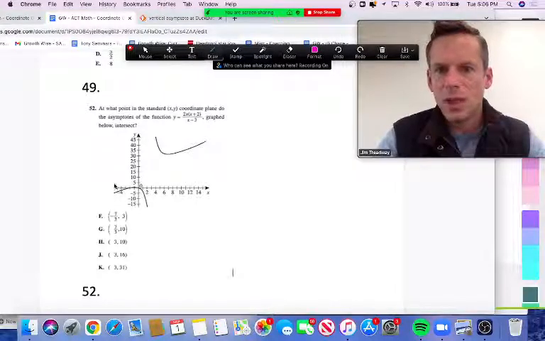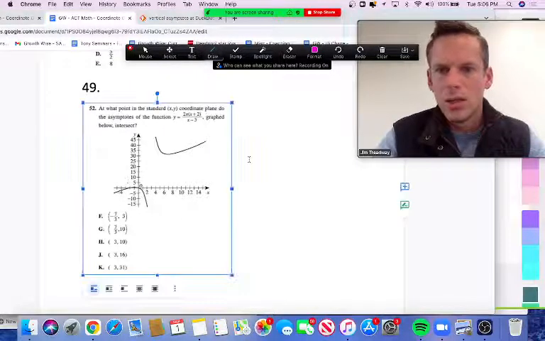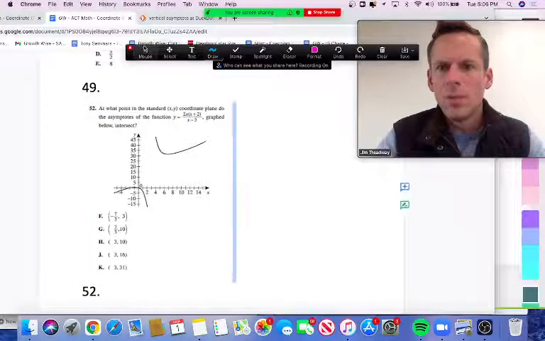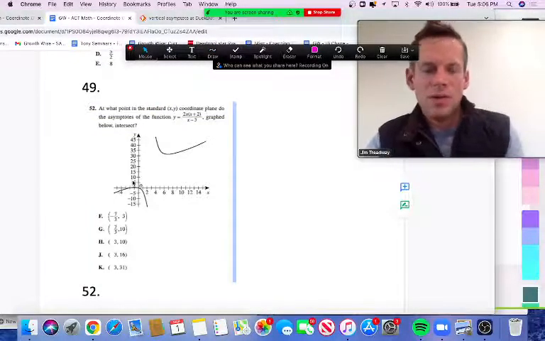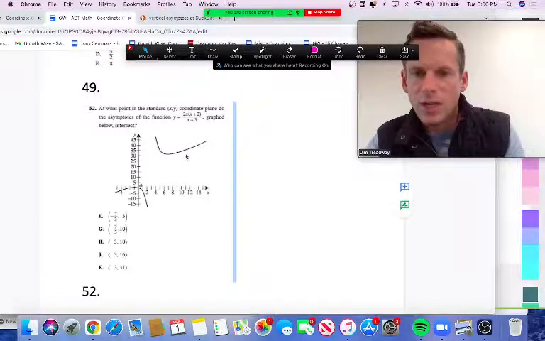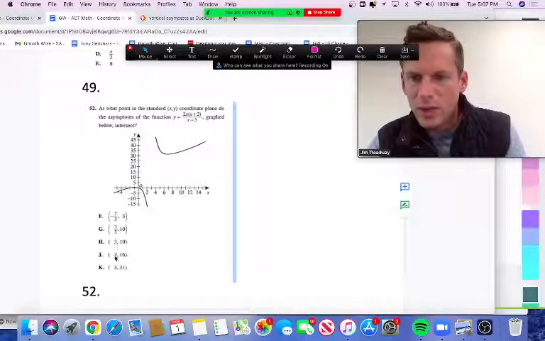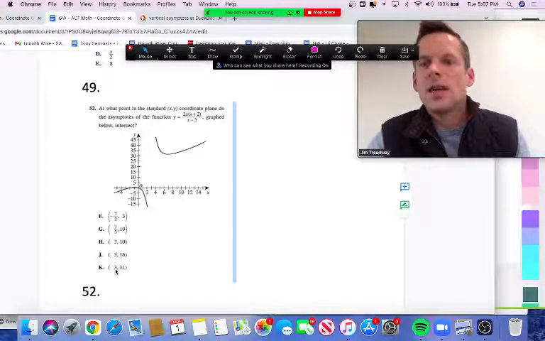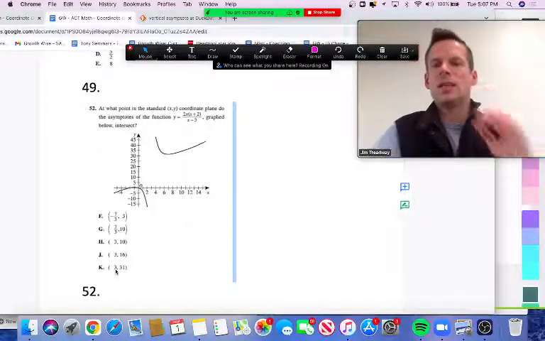It'll let me draw here. I'm surprised it's not letting me draw. Oh well. You can see, I'll do it with my mouse here, there's sort of a slant asymptote right here. This function has a vertical asymptote going there, with an x-coordinate of 3, so h, j, and k are probably going to be the answer. And then the question asks, at what point do the asymptotes intersect?